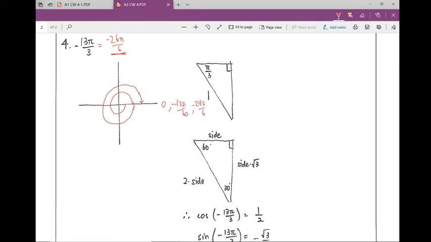Then a pi over 2 more is the same thing as 3 pi over 6. So that's going to give us negative 27 pi over 6. So we know it's going to be here between, and this would give us negative 25 pi over 6.